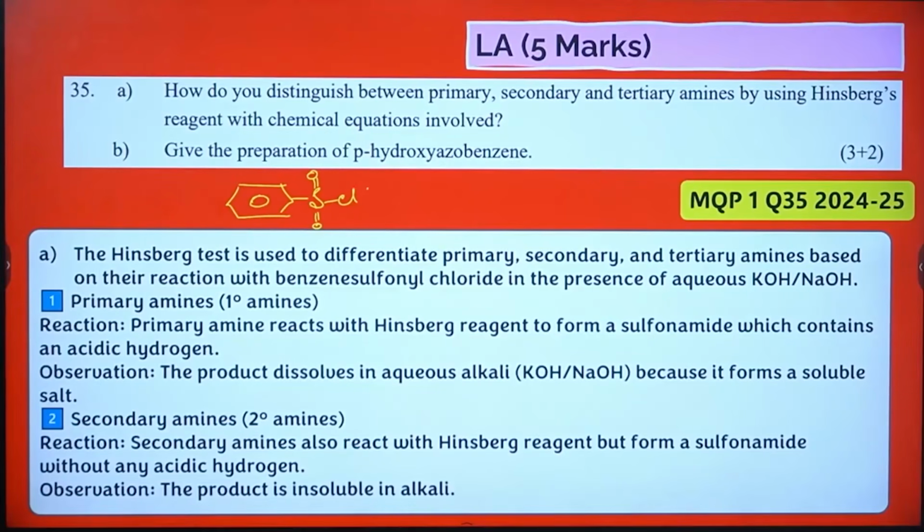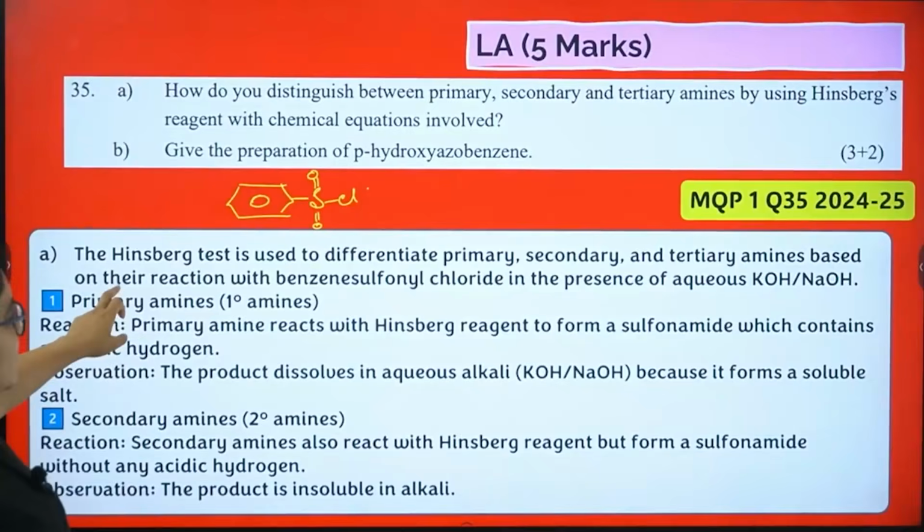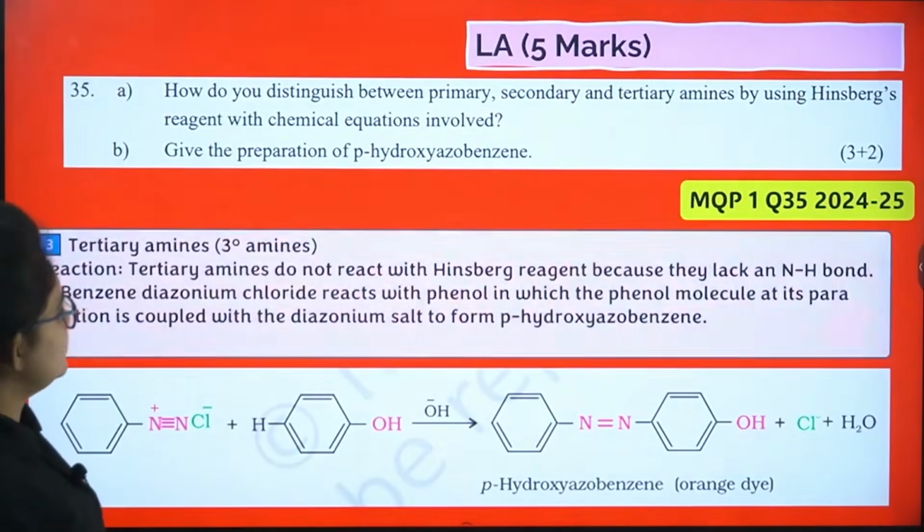The product that you will get will dissolve in base. But for the secondary amine, the product will be insoluble in alkali. But in the tertiary case, it will not react at all. That is the case. I guess it is clear to you.